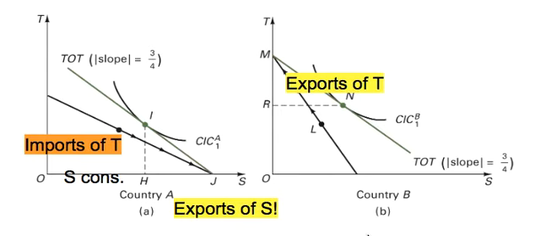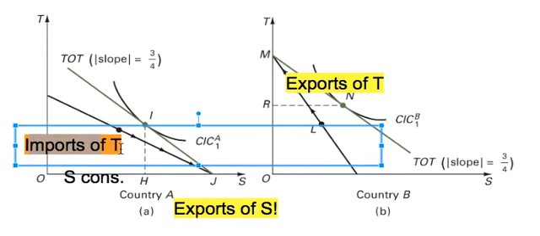However, country B is not producing absolutely any S, and so all RN will be imports from country A.